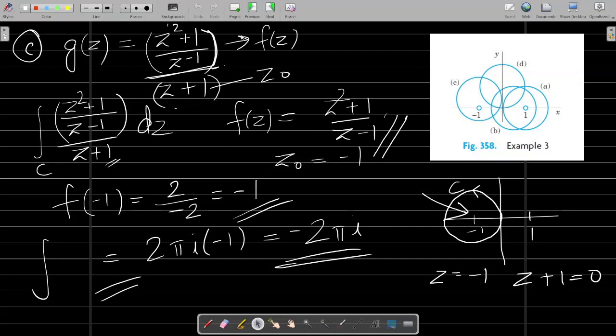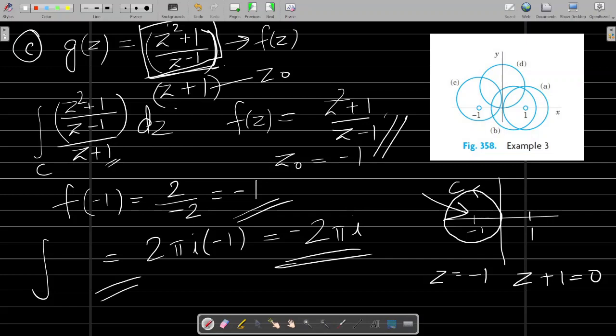So your f of z is z square plus 1 by z minus 1, and z naught, if you compare it with the standard form, z naught is equal to minus 1. So f of z is the term in the numerator, which is z square plus 1 by z minus 1, and z naught is minus 1.